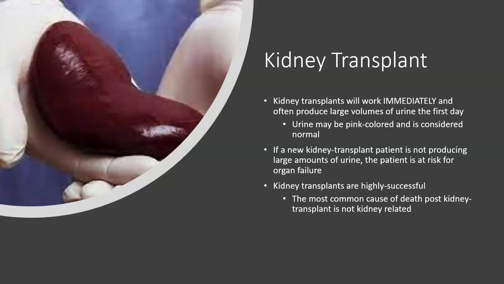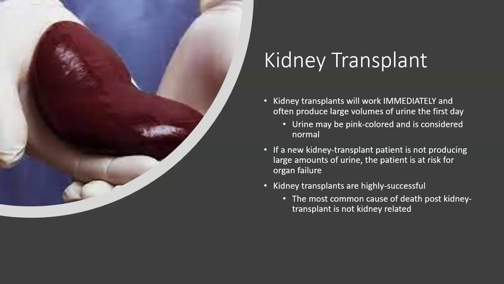So a kidney transplant. Kidney transplants work immediately as soon as they're hooked up, and they often produce very large amounts of urine on that first day because the host has not been able to get rid of the toxins as efficiently with one kidney.